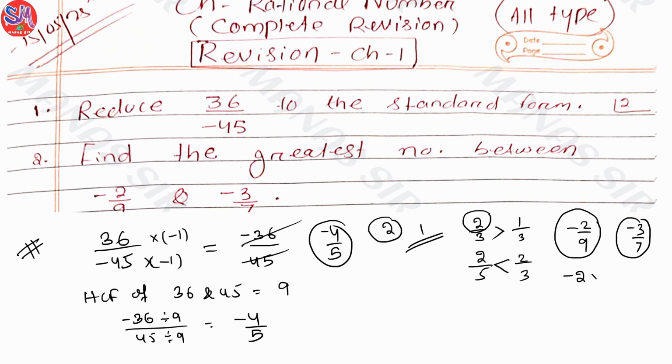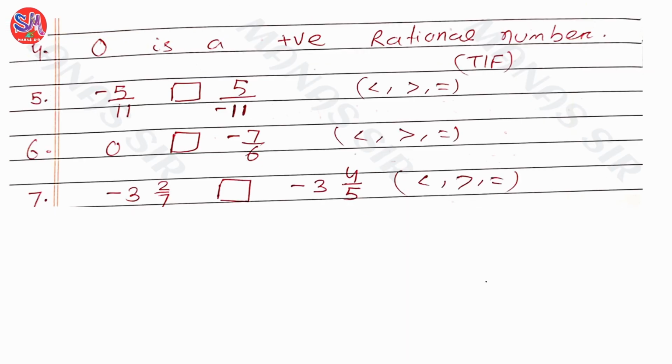That is minus 2 into 7, that is minus 14. Then minus 3 into 9, that is minus 27. Which one is greater? In negatives, the smaller magnitude is greater. That's why you can write minus 2 by 9 is greater than minus 3 by 7. All of you understand? Coming to the next question.